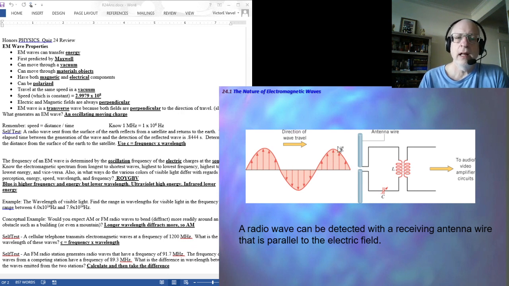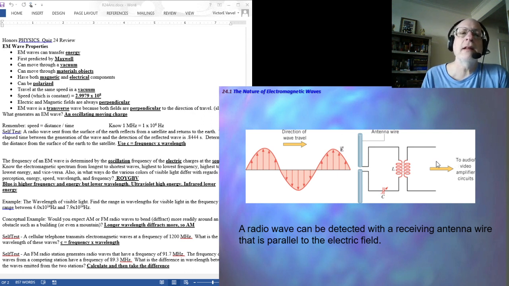As this electric field hits the antenna, it will cause a current to begin to exist in this wire. So what you get is a current that goes through here. It goes through this coil, which generates a magnetic field. That magnetic field transfers over to the other coil, which converts that back into an electric current, and that current then runs through the wire to audio, video, or some other kind of circuits.